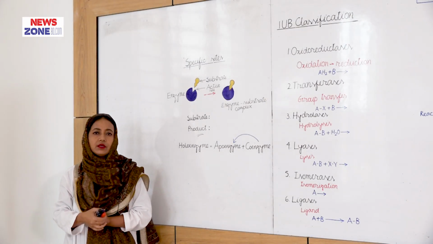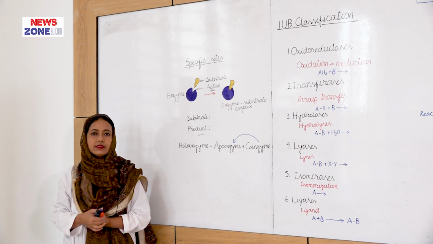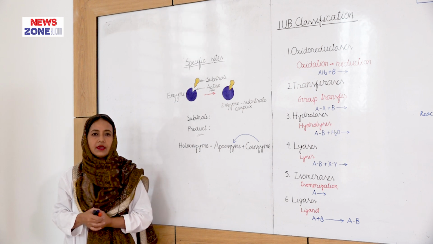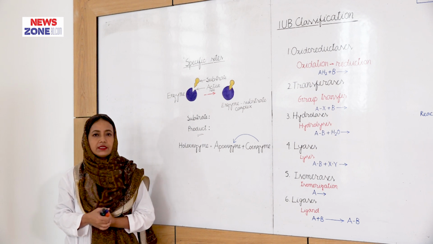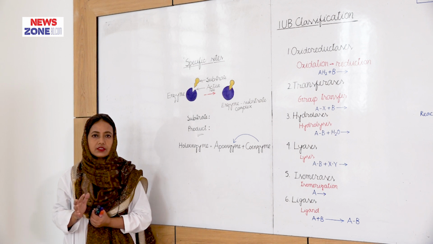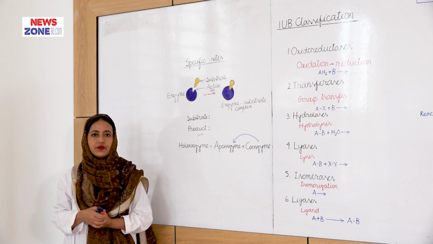Let us know about the nomenclature and classification of enzyme. Previously, there was no particular rule for naming the enzyme, and it was named by the discoverers. Some enzymes like pepsin, trypsin, chymotrypsin do not convey any information about the substrate upon which they act or the reaction type that they catalyze, and these are known as trivial names.